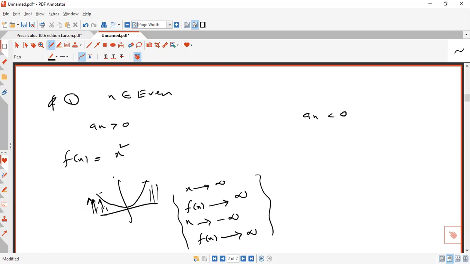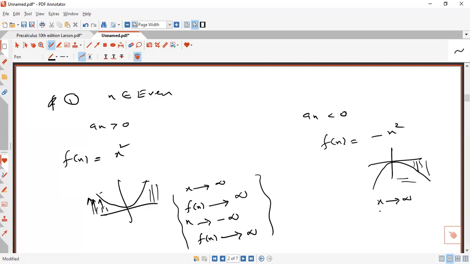Clear? Then we will generalize. In the same way, if our leading coefficient is negative, take the example of again f(x) equal to negative x squared, and here you can see that the graph of negative x squared will be a downward parabola. Graphically you can easily understand that whenever we put a large value of x in this portion, the value of f(x) will be negative.